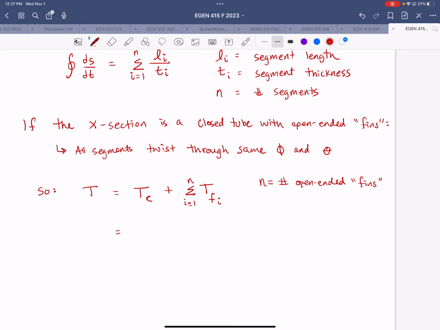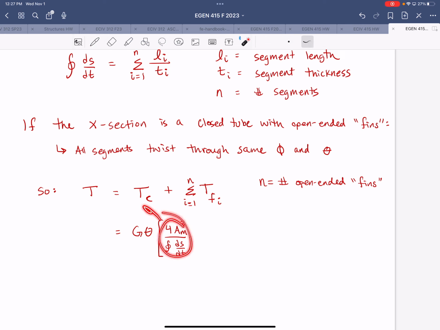We can write that as G theta times, inside brackets, 4 AM squared over the integral over the closed loop portion of ds over dt.